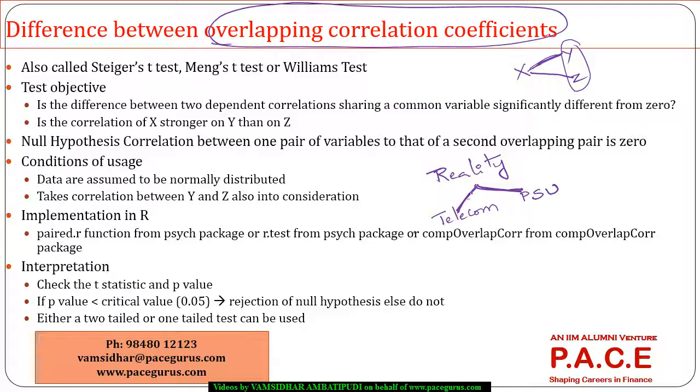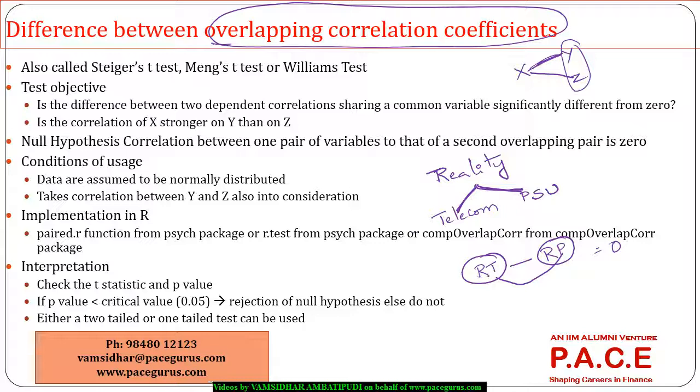So is the difference between these two correlations, the correlation between reality and telecom minus the correlation between reality and PSU, more or less equal to 0, considering the kind of correlation that exists between the telecom as well as the PSU sector? So is this difference anywhere significantly different from 0, or are they more or less equal?